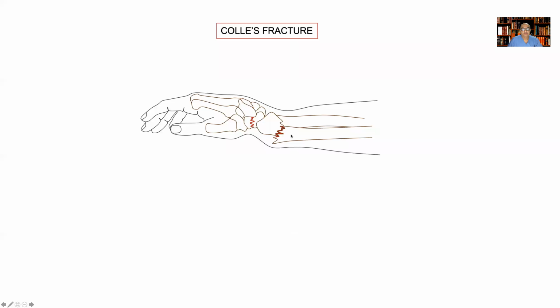Looking forward, this is a schematic picture showing the fracture of my distal radius and also the fracture of the scaphoid bone. They can occur together, or they can be alone. If somebody falls on an outstretched hand, it may result only in a fracture of the scaphoid, or only a fracture of the lower radius.